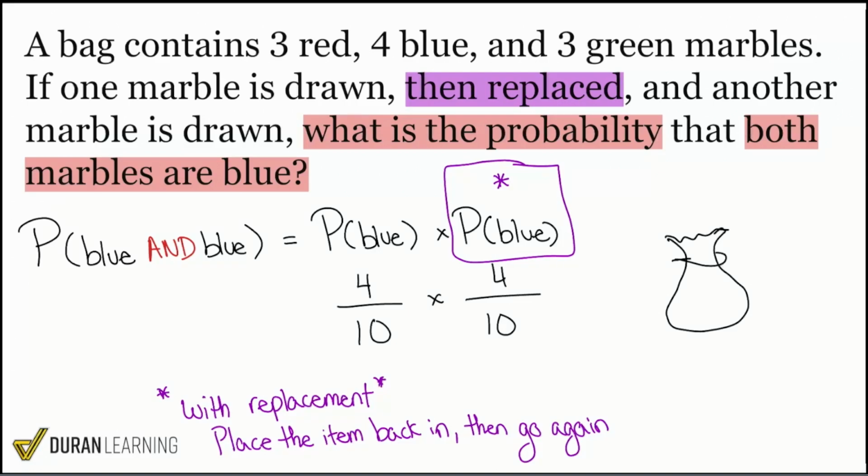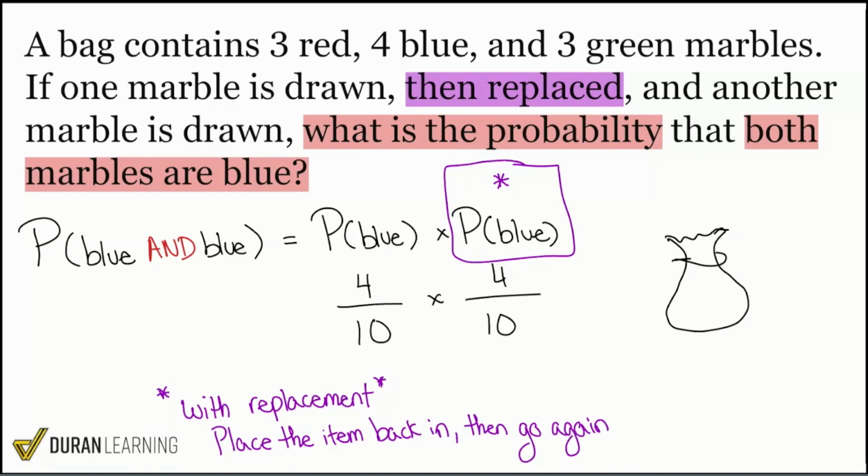We didn't throw it away. We didn't put a different color back in. We put the same thing back in, so we have the original setup, and that's why it's still out of 10. And since we're still looking for blue, we still have 4 on both. And so once we're here, that's it. We're done. All we got to do is multiply, and we are set.